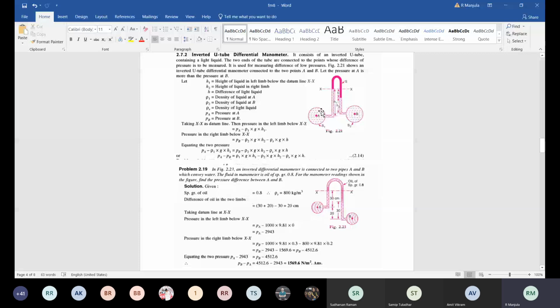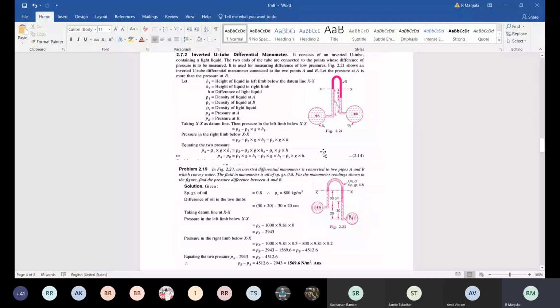Similarly, the pressure on the right limb will be PB minus ρ2 g H2 minus ρg g H. So PA minus PB is equal to ρ1 g H1 minus ρ2 g H2 minus ρg g H. If you equate these two pressures, then you'll be able to find the difference of pressures.